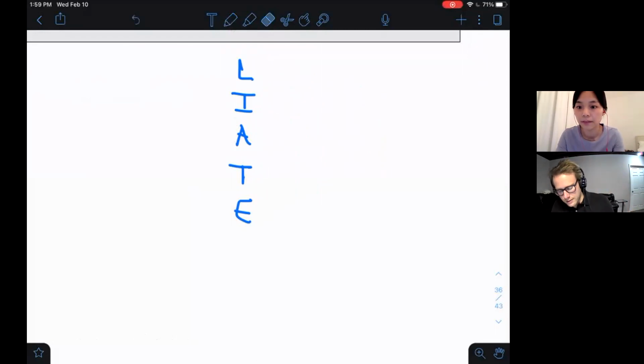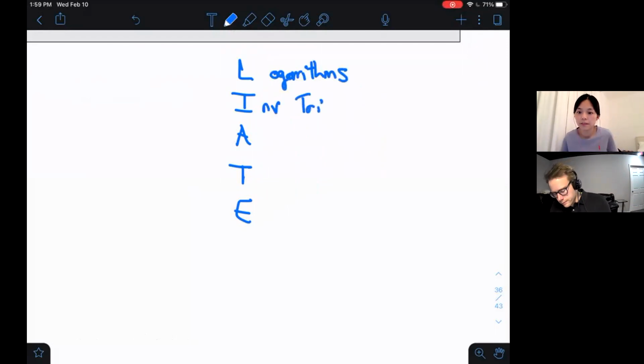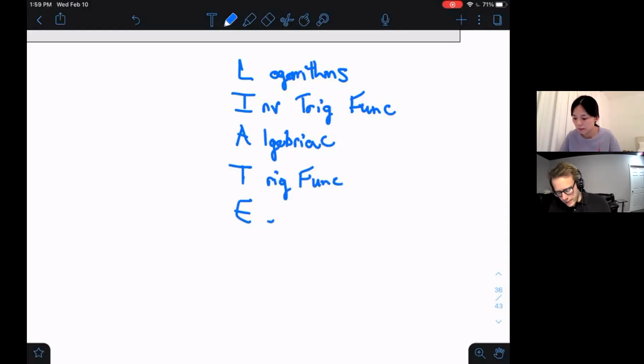L is for logarithms, I is for inverse trig functions, A is for algebraic, T is for regular old trig functions, and E is for exponentials.